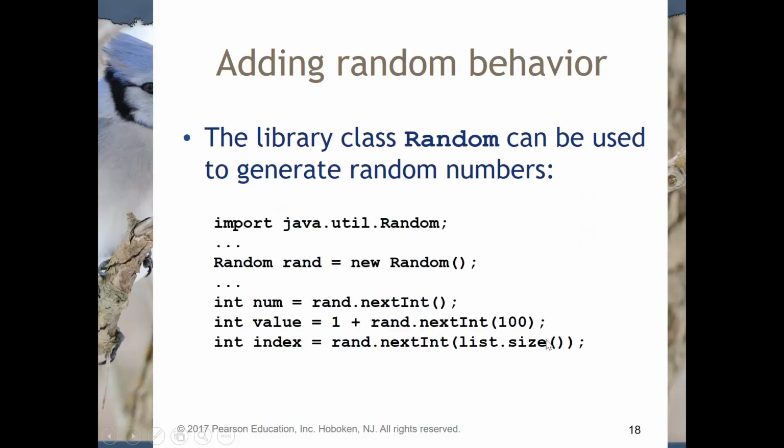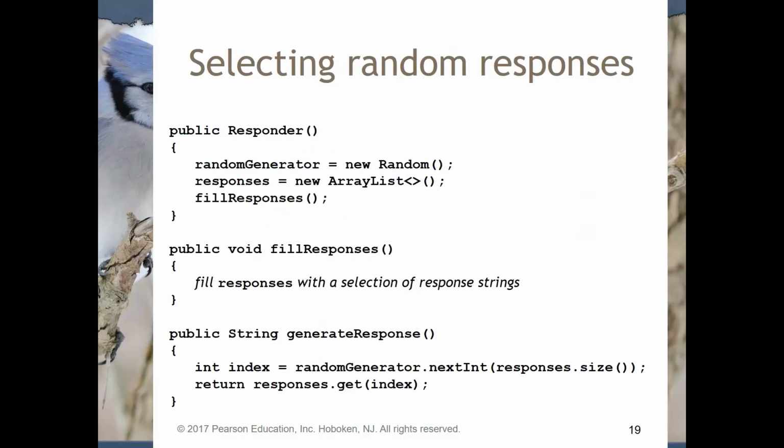So if I have a list size in here, this says go get me a random number somewhere in there. Notice we're not doing the 1 plus. Why? Because of what I just set up above. It generates from 0 up to 99, so there are 100 numbers in that group. So this would exactly line up with that concept.